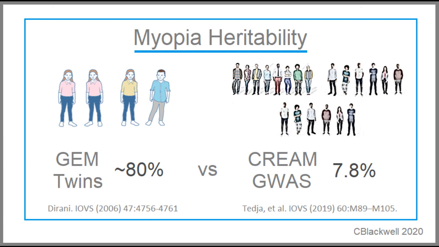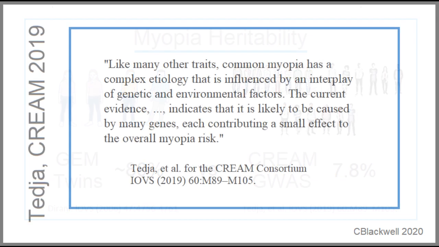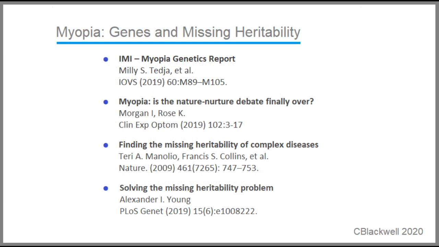That large gap in strength of association has become known as the missing heritability problem, raising a debate about the relative roles of genes, epigenetics, and environment. Commenting on heritability, one authority sums up the genetic contribution as more complex than expected. These are good references if you wish to pursue this.